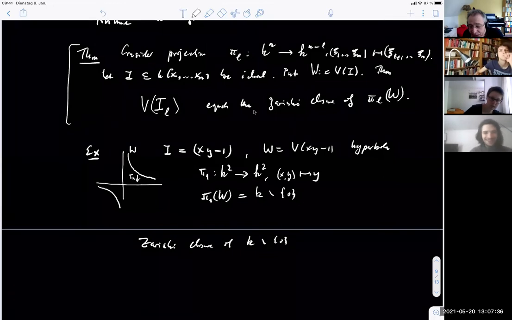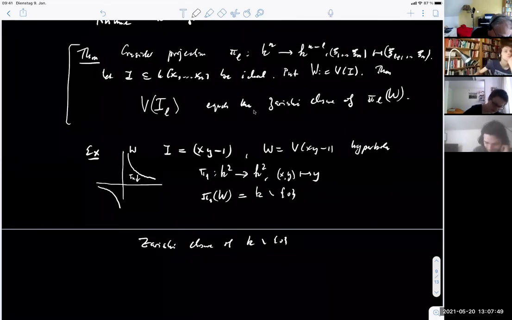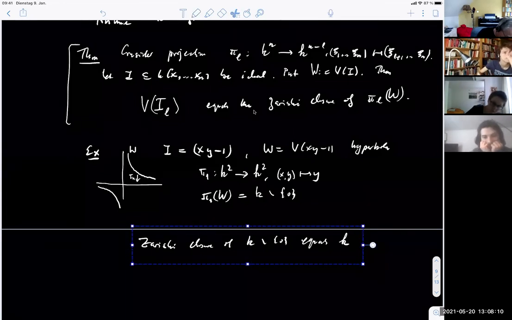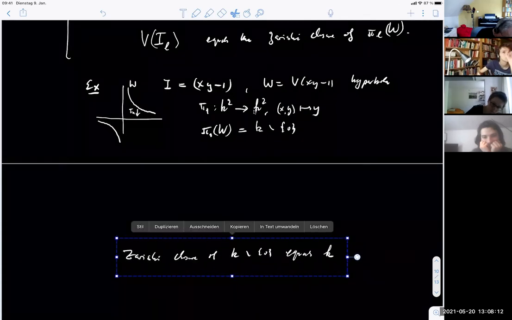So what is the Zariski closure, what do you think? You look at the smallest closed set that contains all of this, but there can only be K, because if you get smaller, you have finite sets. So K is infinite. Let me write this because I don't know what Marco will explain to you.